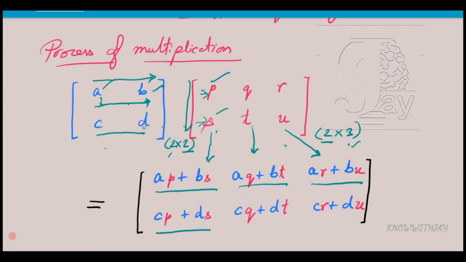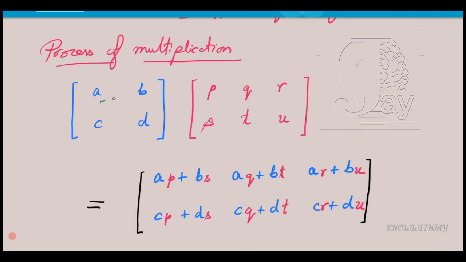Similarly, with the second column, we have the second row second column of the product, CQ plus DT. And the last one, the second row third column product element. So CR plus DU.